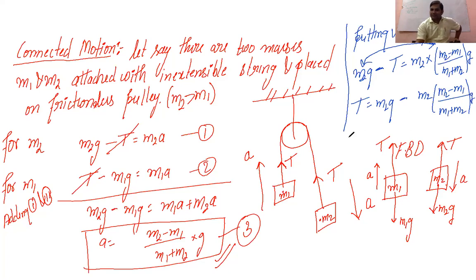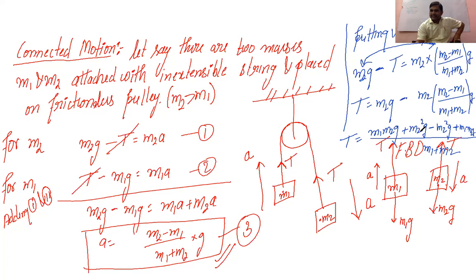How we can solve it? We can just multiply here and it will be M1 M2 G, and M2 square G, minus M2 square G, plus M1 M2 G, upon M1 plus M2.